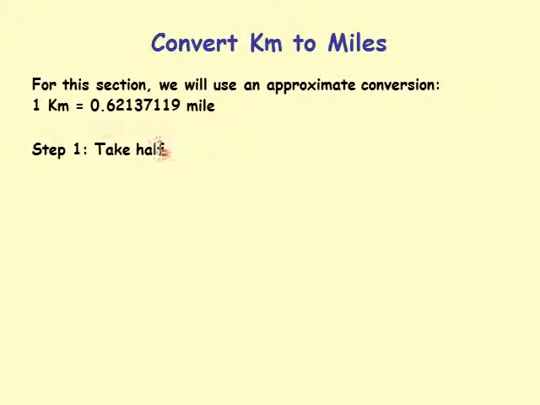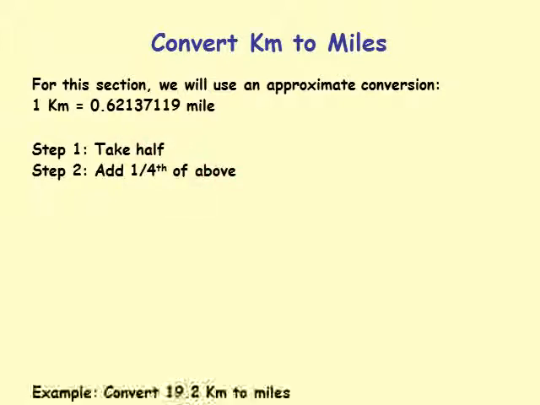Now we would use 1 over 1.6, which is 0.625, as a factor. But instead of multiplying by 0.625, we will use halving and adding. First we take a half, then add a fourth of that number, which is an eighth of the original number. That's it.